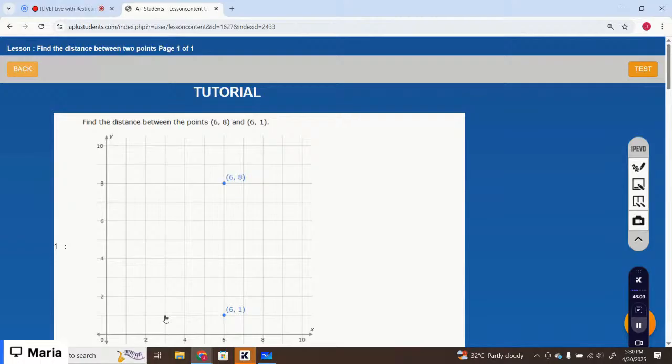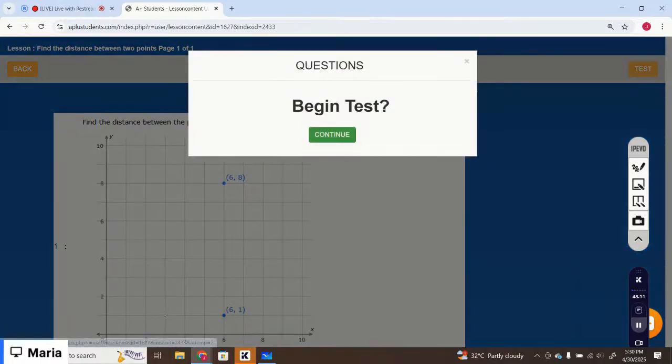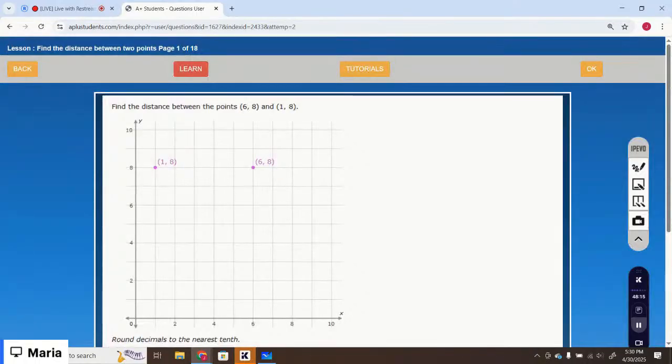Let's just start with the test questions. Find the distance between the points 6, 8 and 1, 8. So which is the correct option?